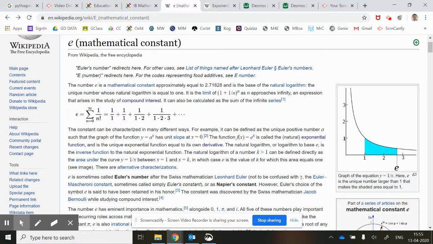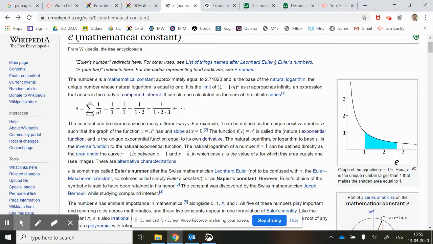You could do that by setting up an Excel spreadsheet if you wish to. Also, it's interesting to note that the factorial of n, when n is equal to 0, is equal to 1. So 0 factorial is equal to 1. And if you want to know what factorial means, for example, 3 factorial means 3 times 2 times 1. 5 factorial means 5 times 4 times 3 times 2 times 1.